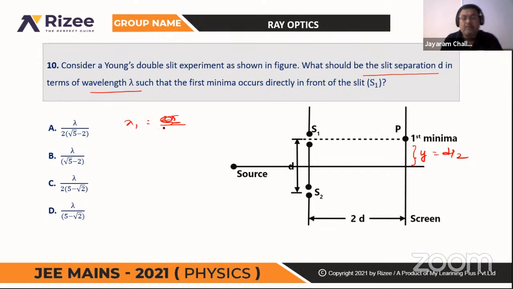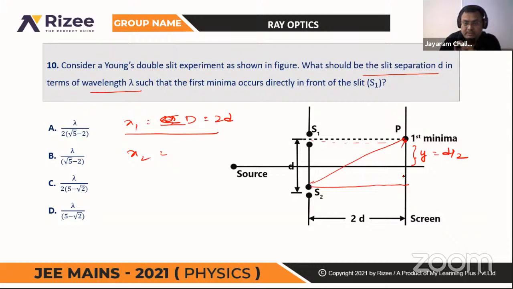We need to go for how much distance it is. It is going to be the D, which is equal to the 2 small d. Directly you can write this distance exactly. Now second distance x2. So how can I get this x2? This is your distance for x2. This is 2d, and this distance from these 2 points is going to be D, and we need the hypotenuse in this case. So this particular distance will become how much?